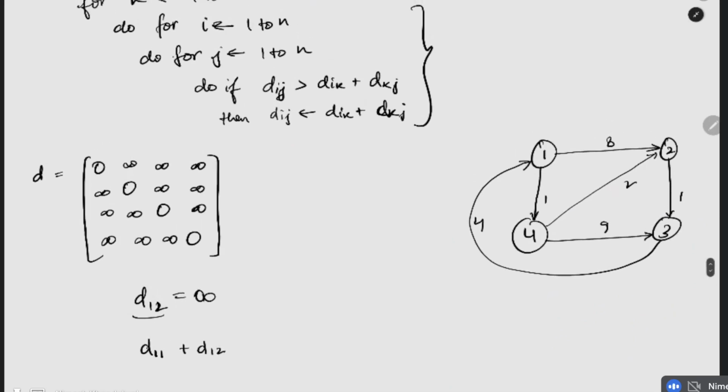Is it greater? Let's say from 1 to 2, it is 8, so we update it as 8, and from 1 we can only go to 2 and 4, not 3 right now, so we update it as 1.